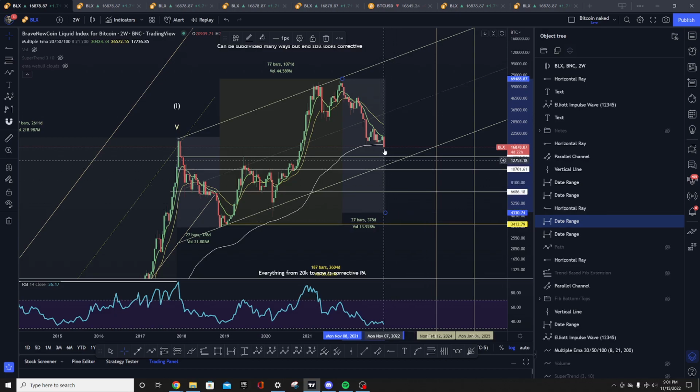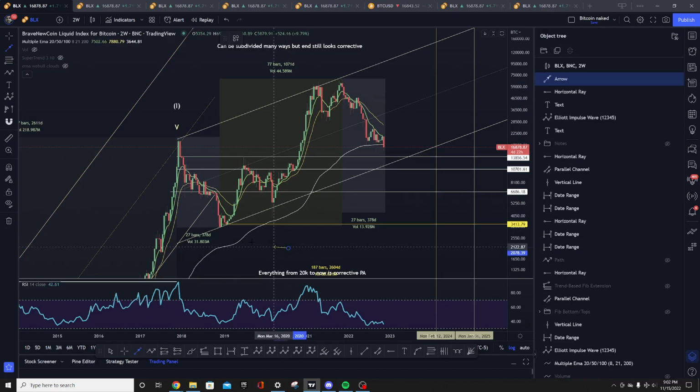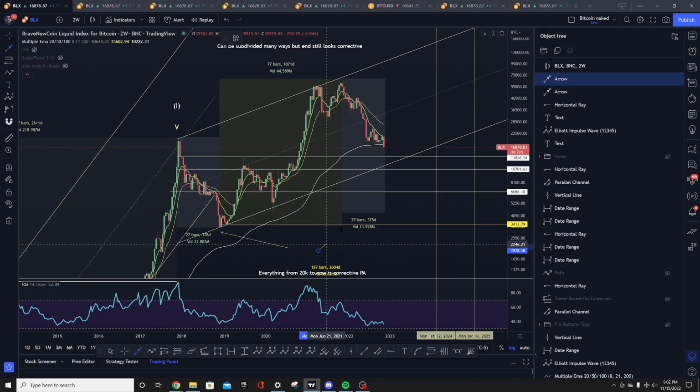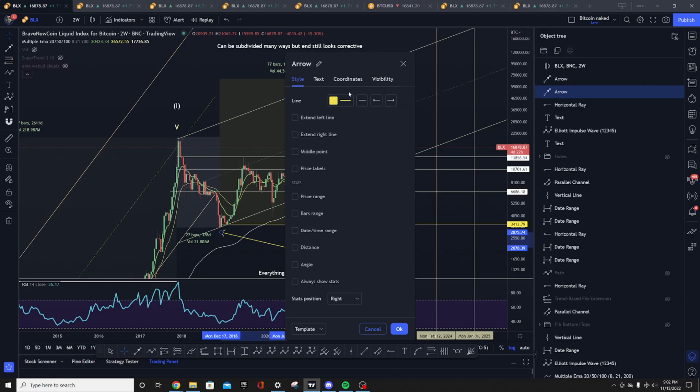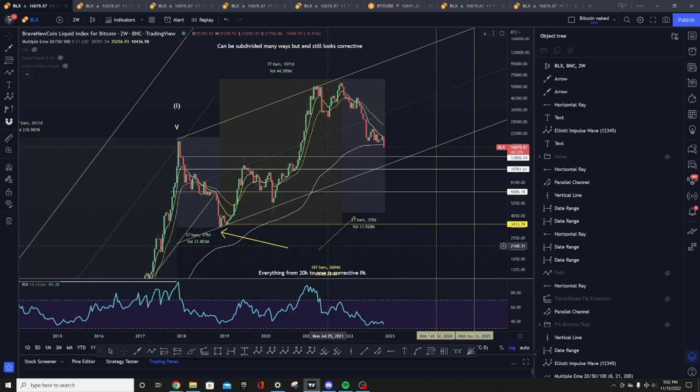That's pretty soon. I don't know if that's gonna happen. So this would be the A, that's the C, and if A is equal to C in time, which it usually is, then the bottom should be close. In this case, I don't think it is, but I'm just noting it.